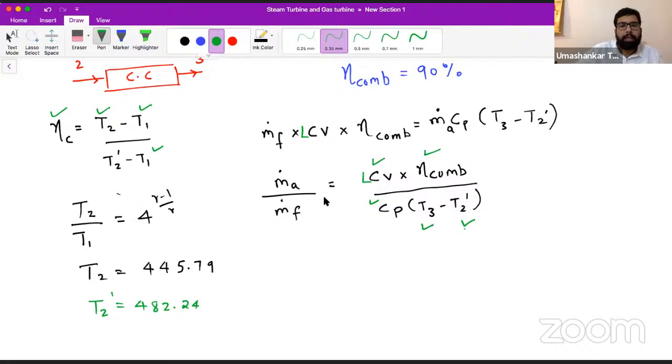When you place it and calculate, your answer will come out to be 56.77. Those who are live in this session can respond. Are they able to get it or not?